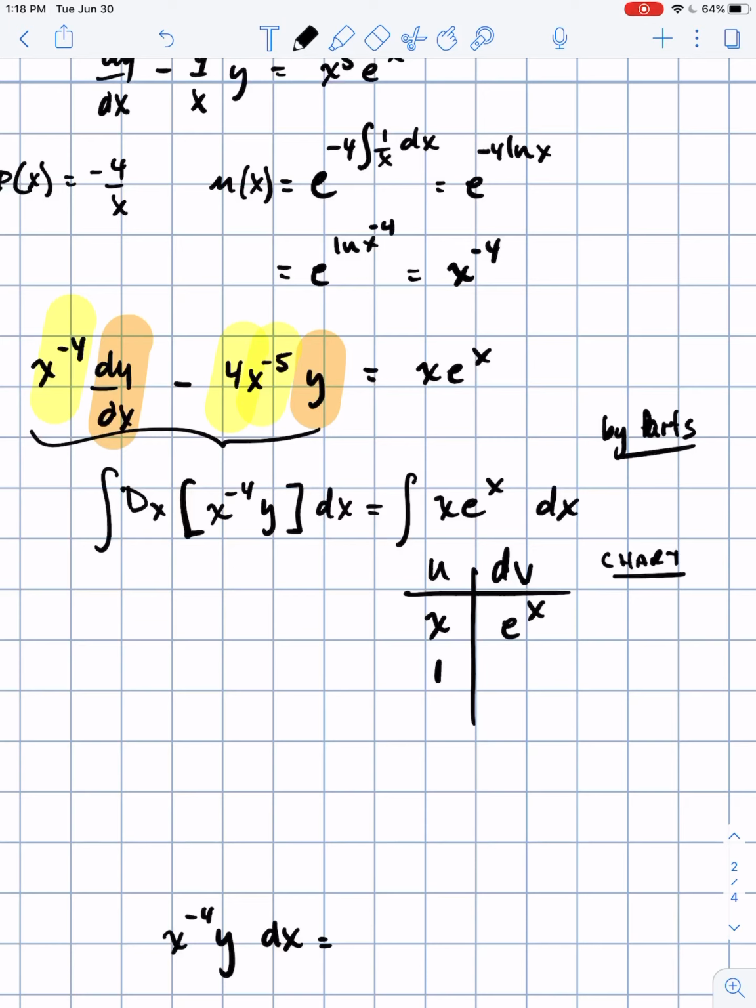On the u side, you're taking derivatives until you get to 0, so derive till 0. On this side, you take antiderivatives until it matches with that 0.